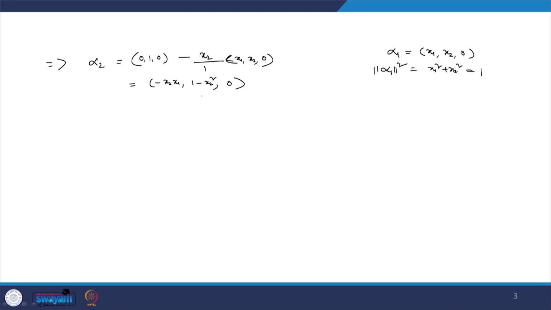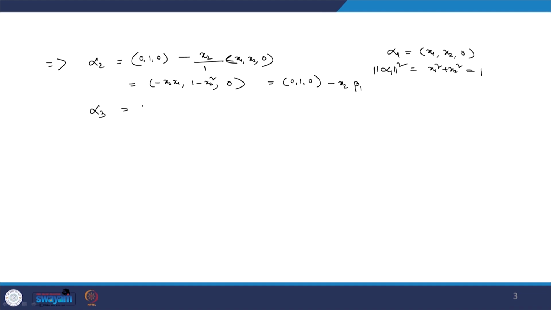This can also be written as 0, 1, 0 minus x2 into beta 1, because I need to express it in terms of beta 1 also. So, this is beta 2 minus x2 into beta 1. So, alpha 2 equals this quantity.